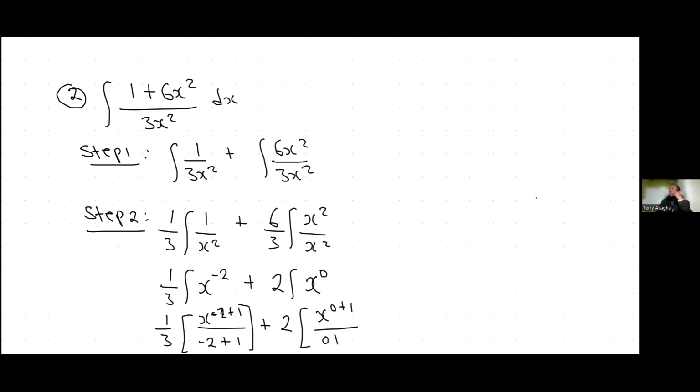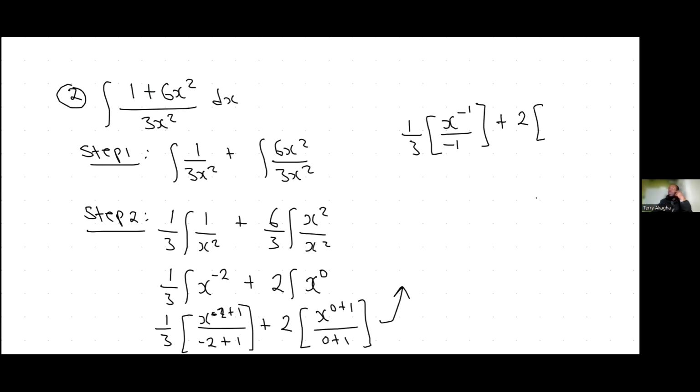And when you do this, it's going to give us 1 over 3 into bracket x raised to the power minus 2 plus 1, which gives you minus 1, all over minus 1, plus 2 into bracket x, because 0 plus 1 will give you 1. Or let me just write it so everybody will be on the same page.